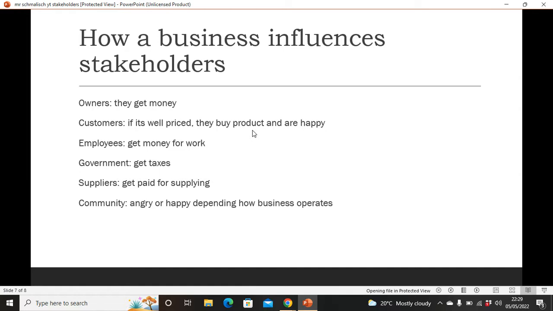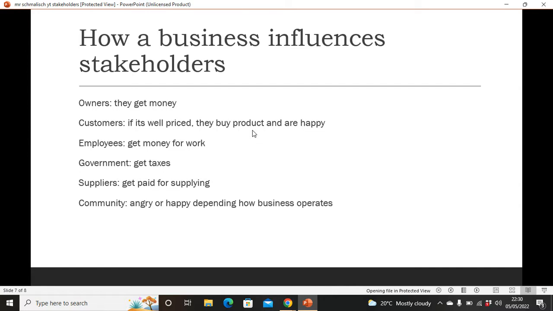The business can also influence the government, the suppliers, and the community. So in effect, the business can influence stakeholders as well as be influenced by them.